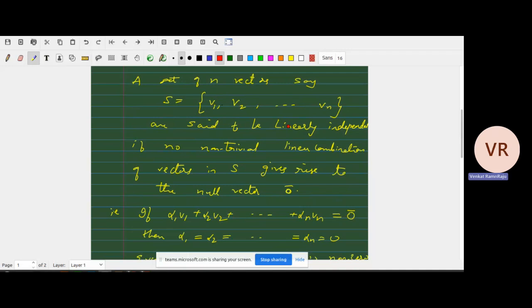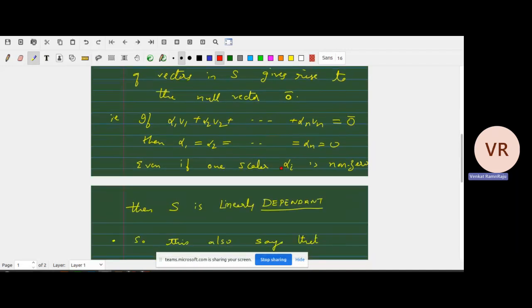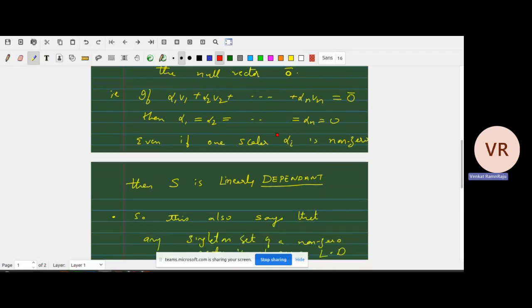So even if we have some non-zero scalars, then there is a relation between the given vectors, and therefore they are not linearly independent. Even if one scalar alpha i is non-zero, we should say that it is a linearly dependent set.